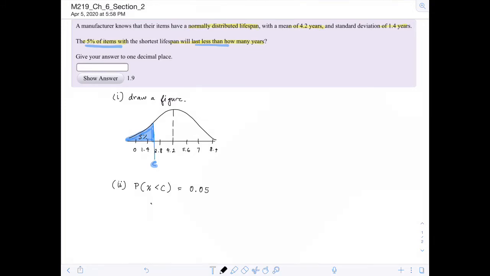This implies that C is going to be equal to the INV norm, in which we get area to the left, 0.05, comma, the mean of 4.2, standard deviation of 1.4, and then we'll select left on the calculator, or in other calculators we could just have the area to the left.